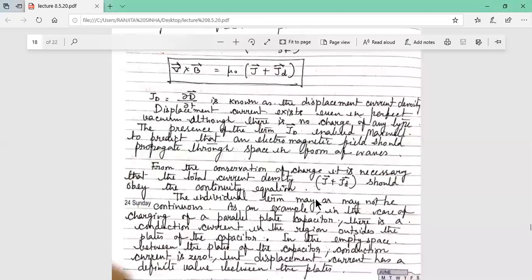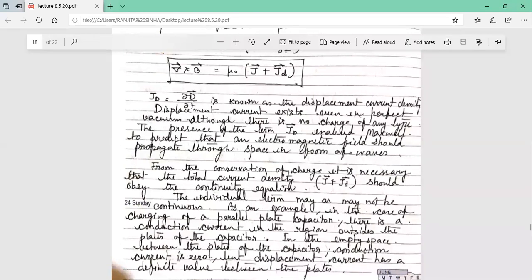As an example, in the charging of a parallel plate capacitor, there is a conduction current in the region outside the plates of the capacitor. In the empty space between the plates, conduction current is 0, but displacement current has a definite value.